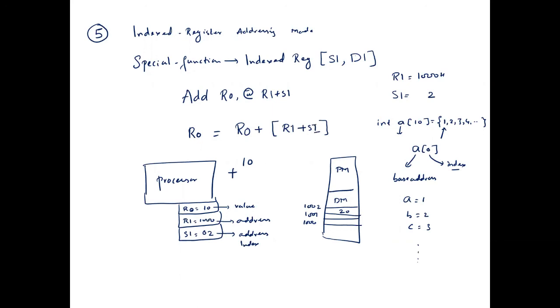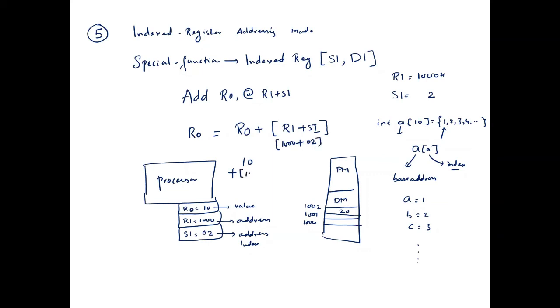So it will first go to R1 and take the address. R1 address is 1000. But it won't reach the memory location pointed by 1000 directly. Still, it needs to add one more address. Now it will go to the source index and take address 2.